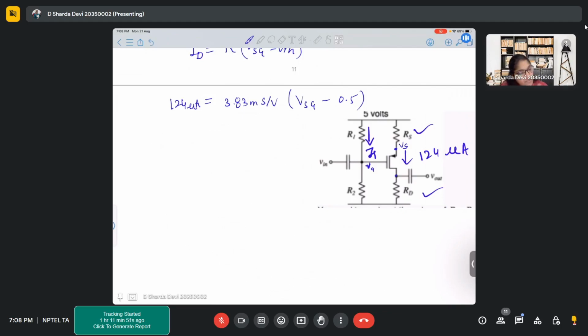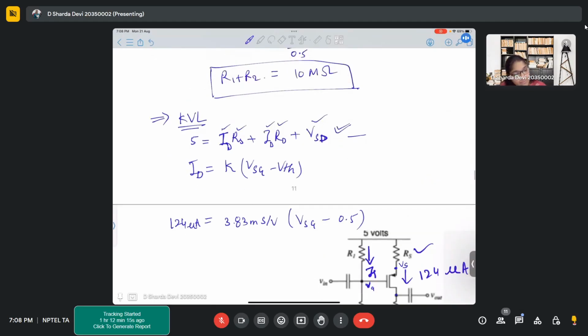Do we know the value of Vg? We don't, because R1 and R2 are not known separately. We know the value of R1 plus R2, but not R1 and R2 individually. Similarly, we don't know RS and RD, so we cannot find the value of VS either.